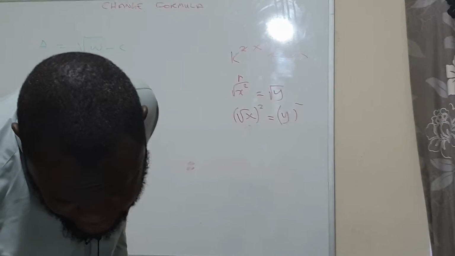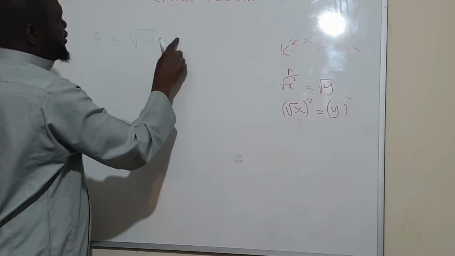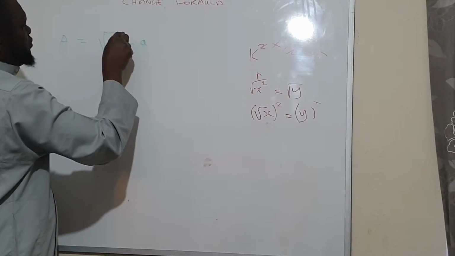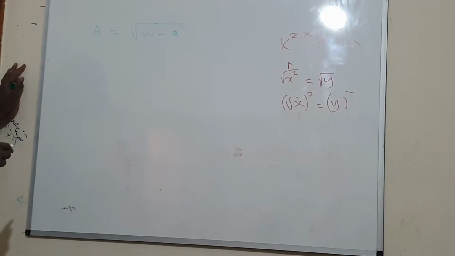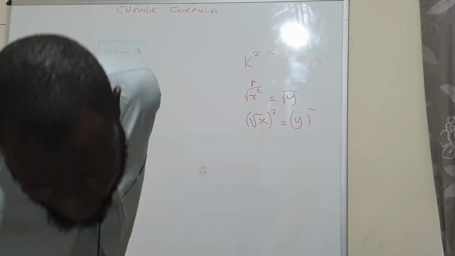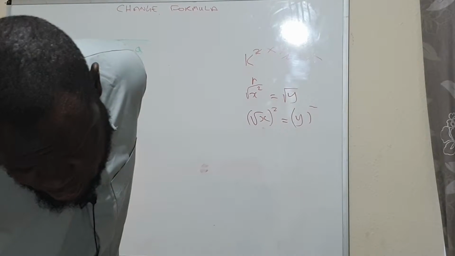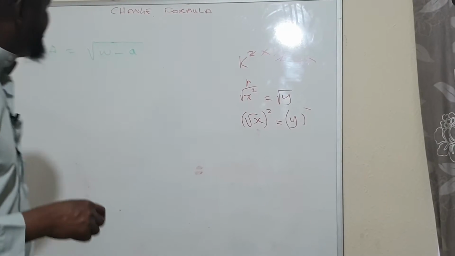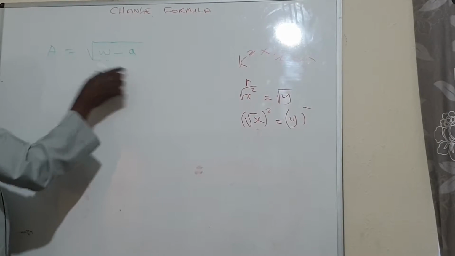I find that the formula to make W the subject. It's not like this A and that A are not the same. No, I doubt it. One's capital A, so it shouldn't be the same. So it's area, okay?